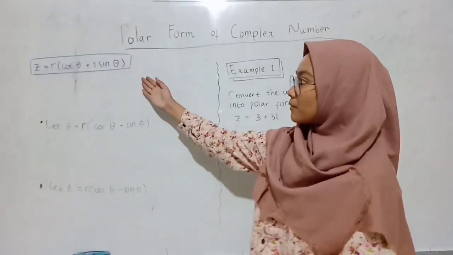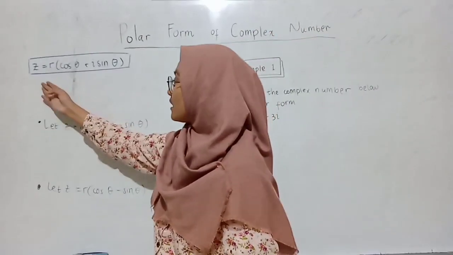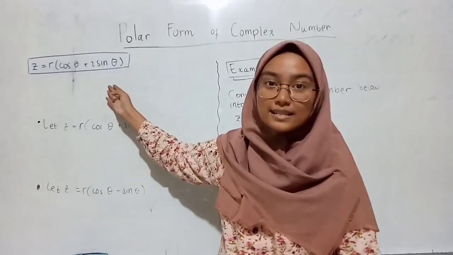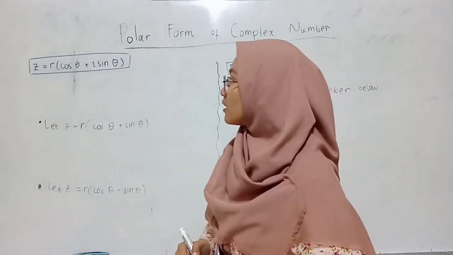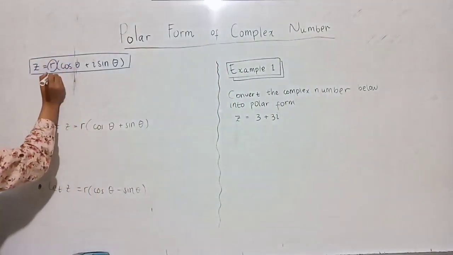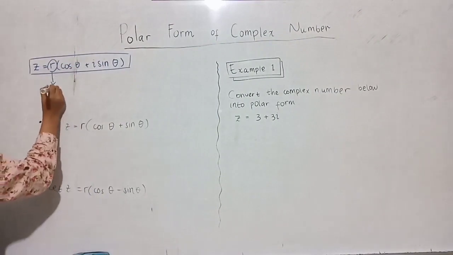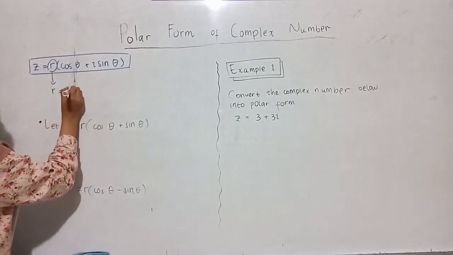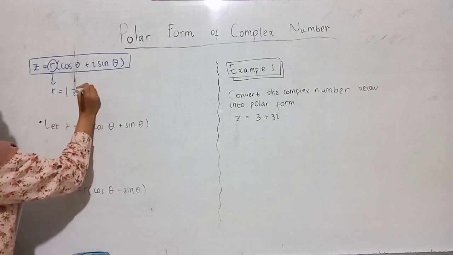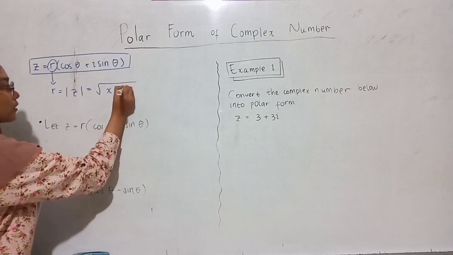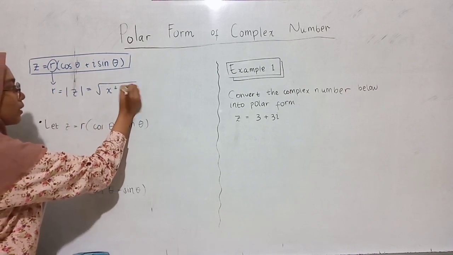Now look here. Remember that Z equals r times cos theta plus i sin theta. Here, r is the absolute value of Z, which equals the square root of x squared plus y squared.